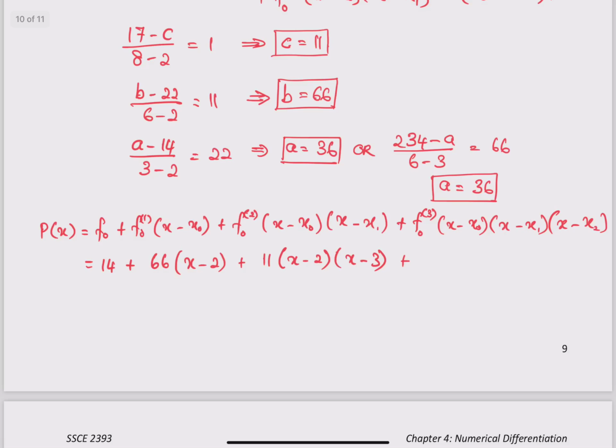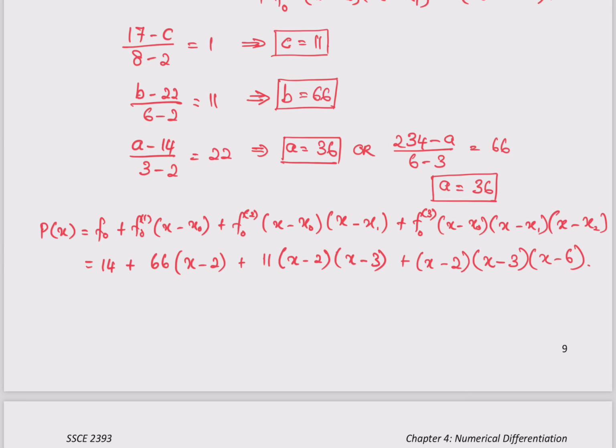So here you will have x minus your x naught is equal to 2 x minus 3 x minus 6, and I think this is the polynomial that you will get. I think you don't need to simplify.